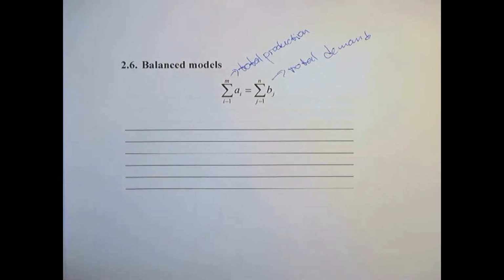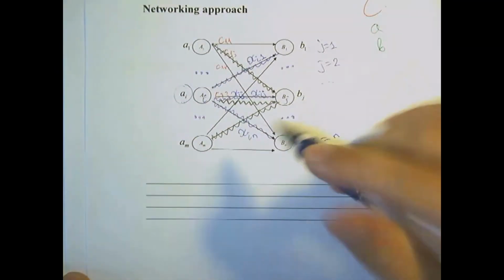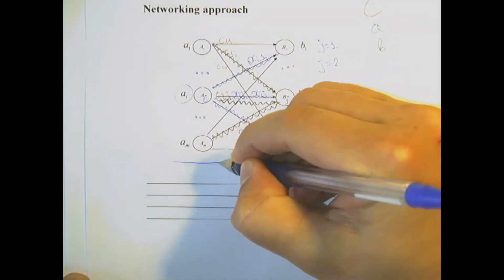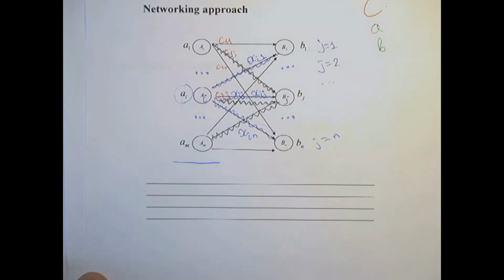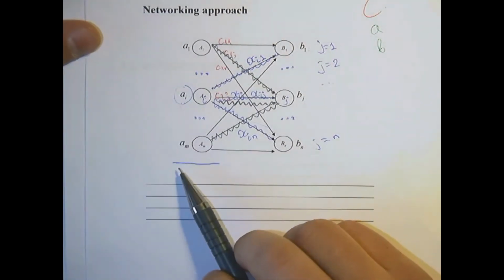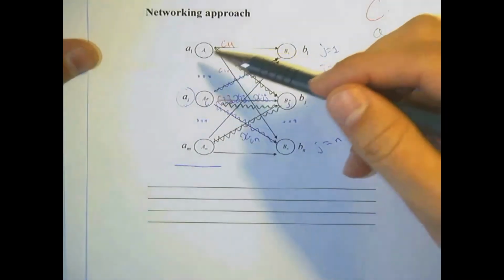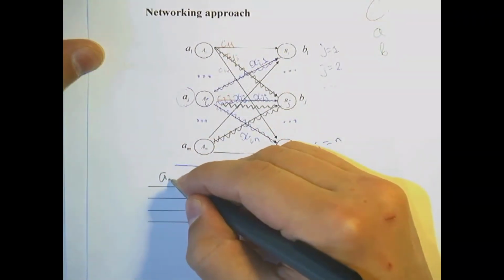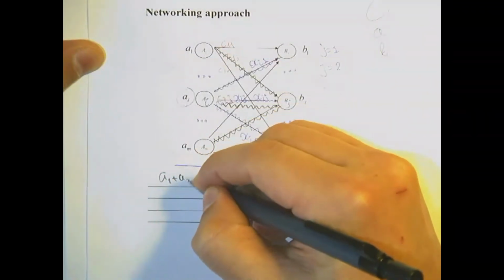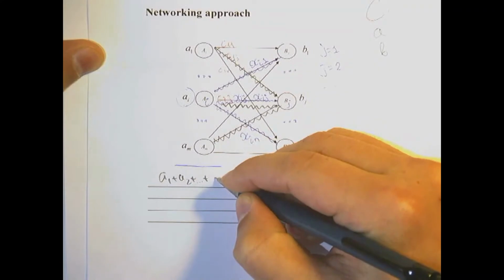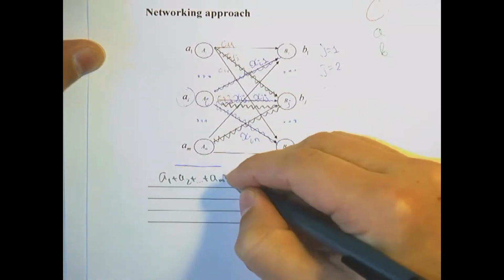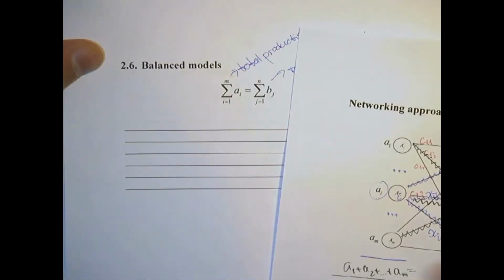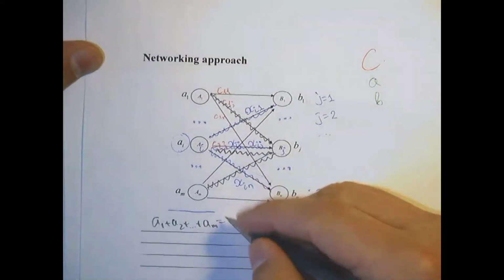When we have constructed a network, we may check the balance right here. We draw a line and summarize a small 1 plus a small 2 plus and so on, a small m, and calculate the sum of a smalls.